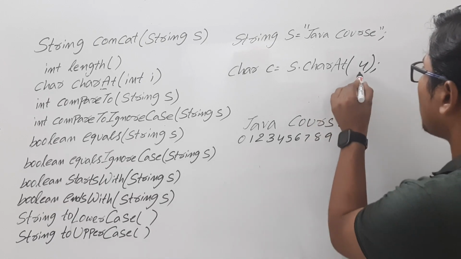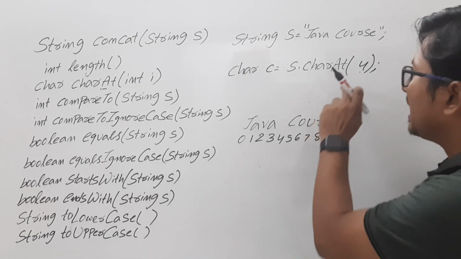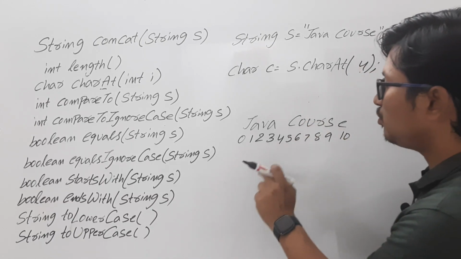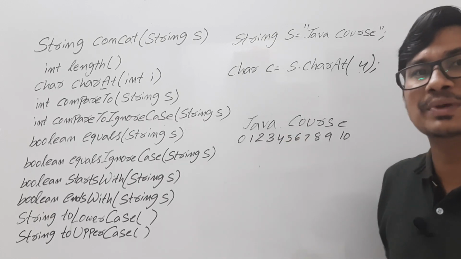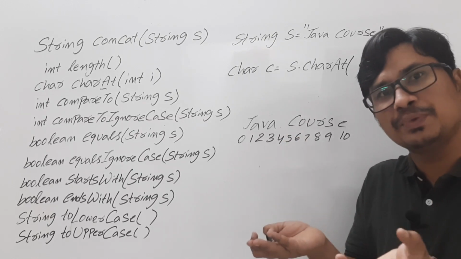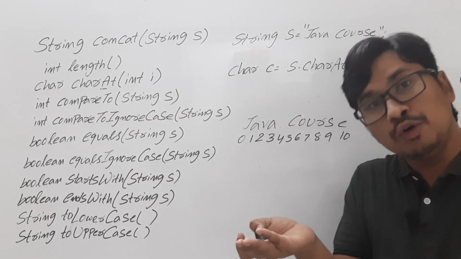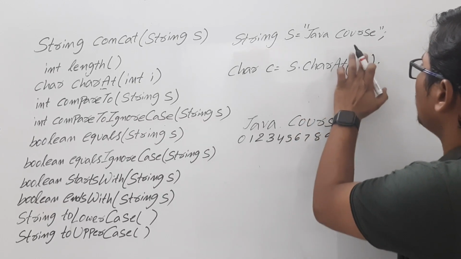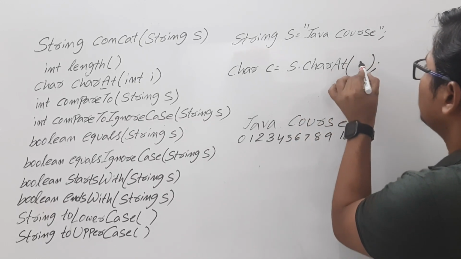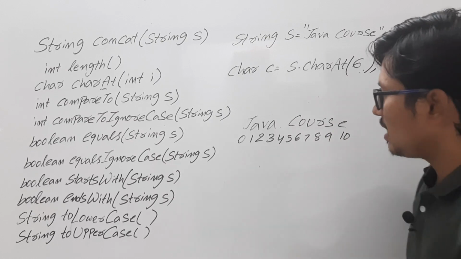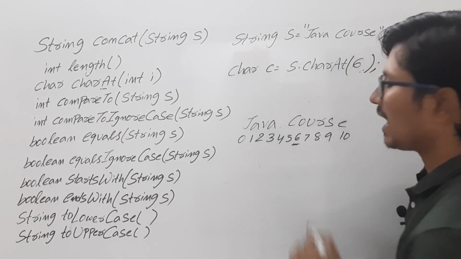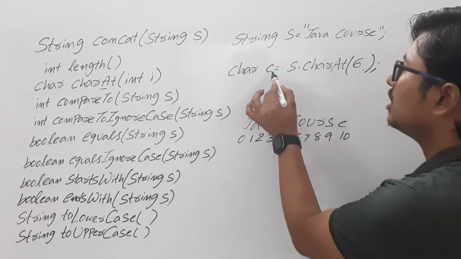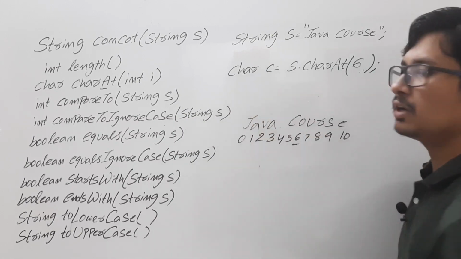So if you ask for the character at the 4th index, a space is there. It will give a space, but it does not look like any output for you. So instead, let me give the index as 6. At index 6, what character is there? O is there, and that will be stored in the variable called c.